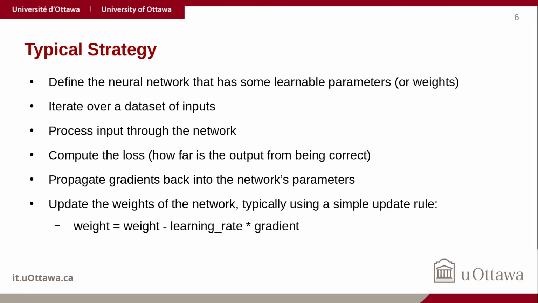So the last step is the simplest update you can do. The weights, you modify them a tiny bit. So you take the learning rate, which is a number that indicates how fast your model is learning, and you multiply that with the gradient, which means the higher the gradient, the further off you are from the correct answer.